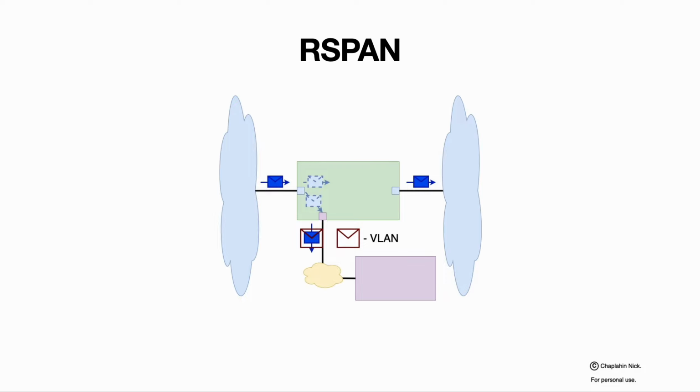RSPAN, that is remote SPAN. It's a mode of operation that is more, let's say, resource friendly, because a device for analysis can be pretty expensive, and connecting it to only one port can be not that useful.